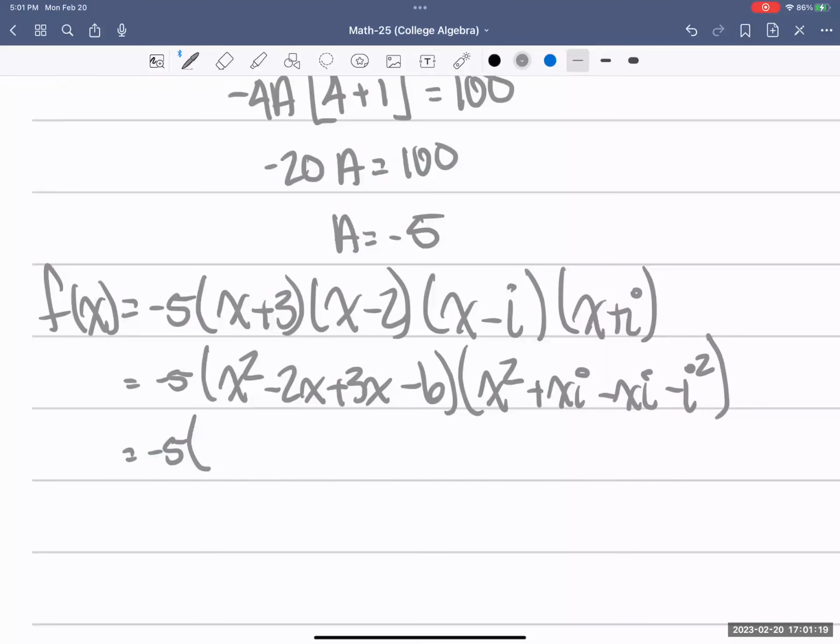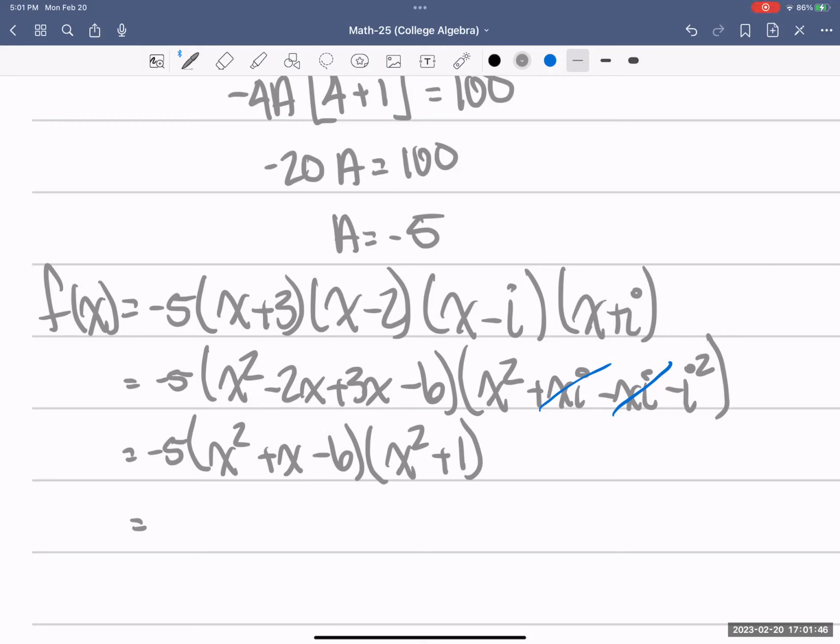So combine like terms here. x squared plus x minus 6. Combine like terms over here. Those two subtract out. i squared is -1 times negative is going to be positive. So what we have here is x squared plus 1.